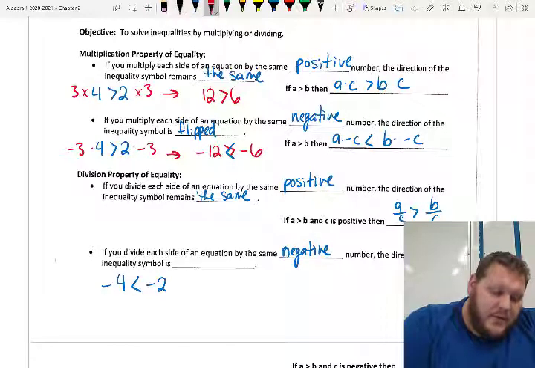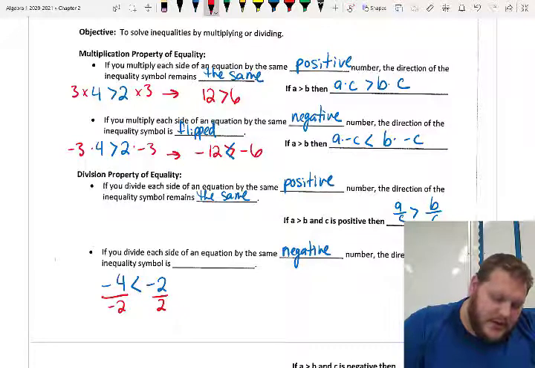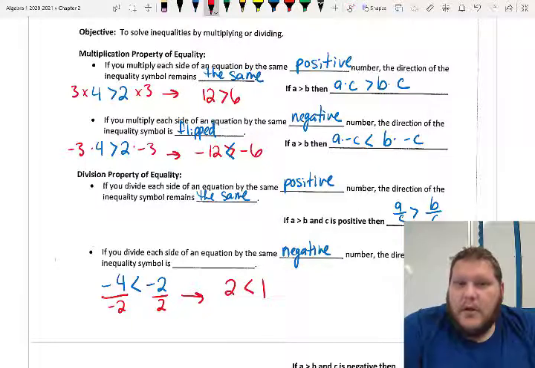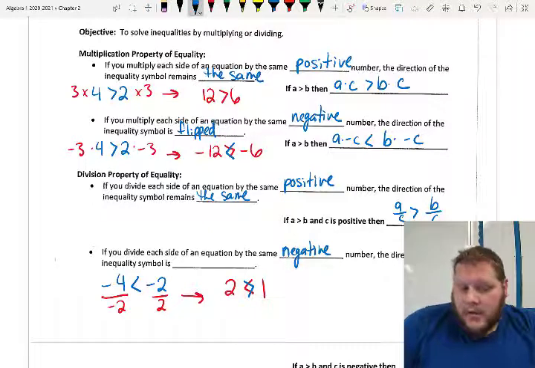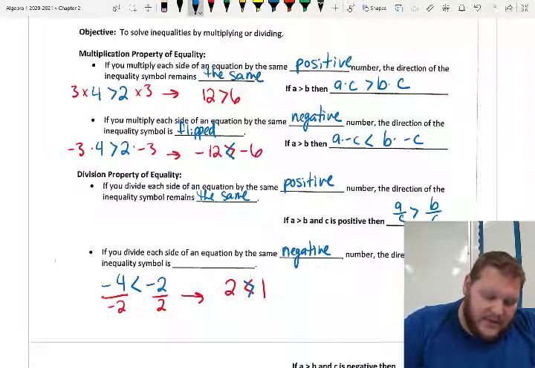If I divided both sides of that inequality by a negative 2, I would end up with positive 2 is less than positive 1, which is not true, which tells me in that case when I divide by a negative, I also have to flip the direction of my inequality. I have to flip that so now 2 is greater than 1. So once again, dividing by a negative, the inequality symbol is flipped.